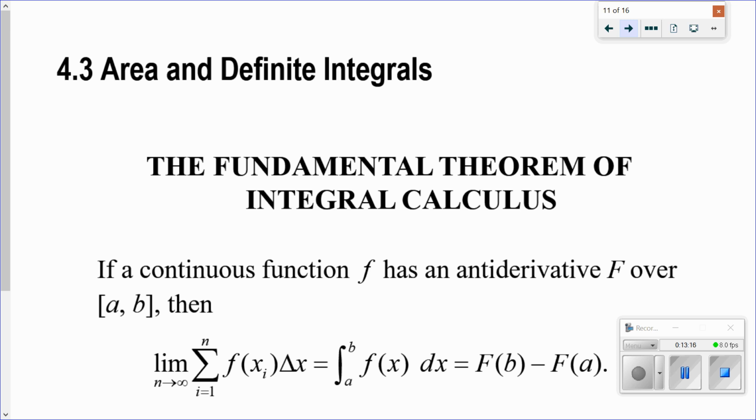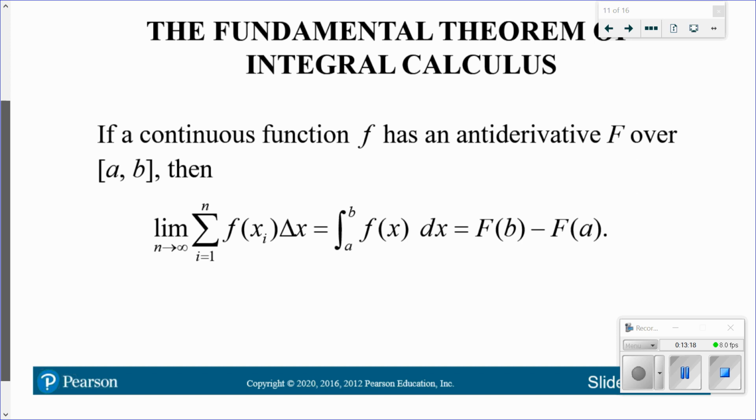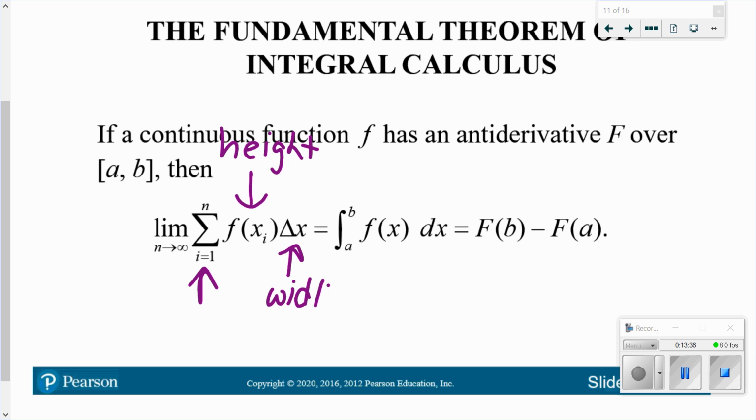Fundamental theorem of integral calculus. All this says, it's a big fancy way, this symbol right here means summation, which means add them all up. Okay? This is the heights. This is the widths. And we're multiplying those two things together.